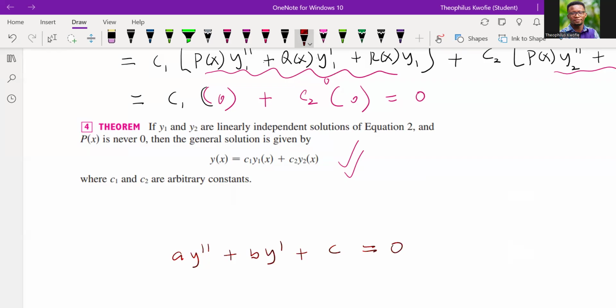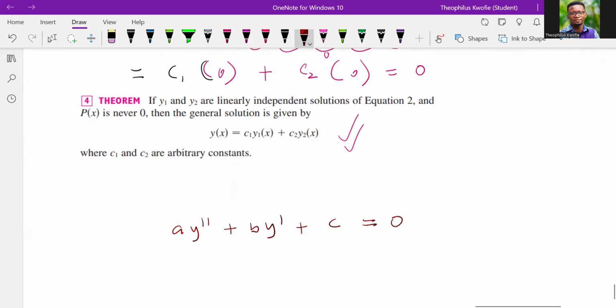Over here, it's important to point out that a should never be 0. It should be different from 0. Very important. Now, how do we then solve such a problem?